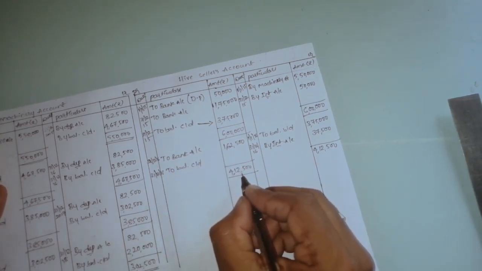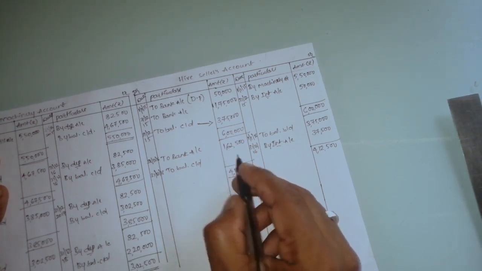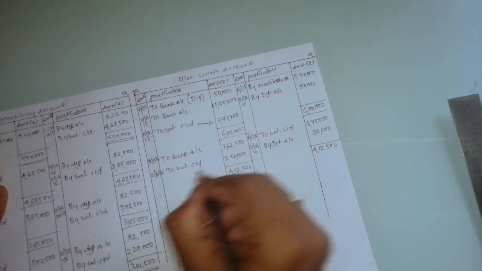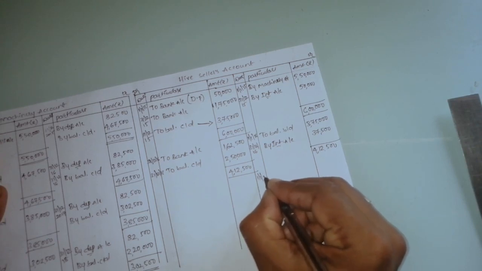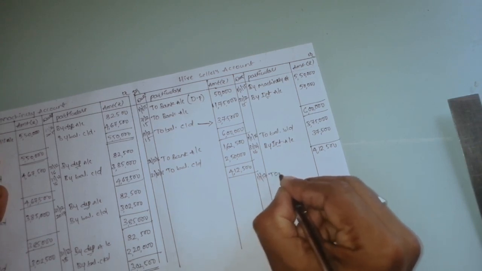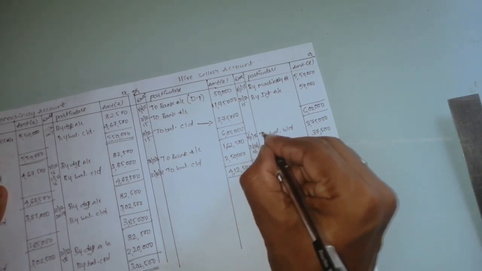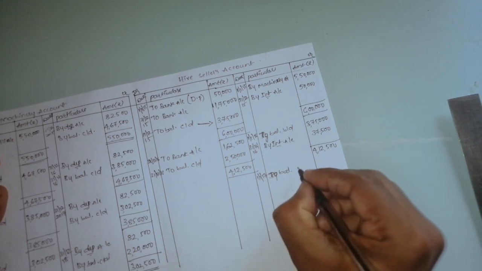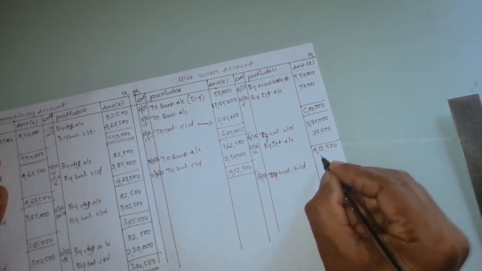So 4,12,500 minus 1,62,500, balance will be 2,50,000. Last year's balance will be the opening balance for the current year, 1/1/2017. To balance brought down, how much? 2,50,000.